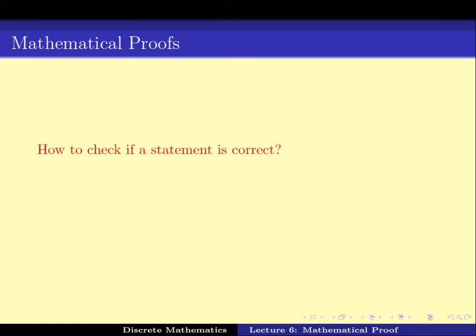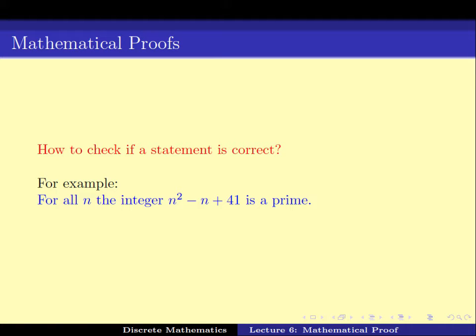Or in other words, if I give you a statement, how do you check if the statement is correct? Now you must have faced this problem many times in your school or college or even in life. Now there are two ways of going about proving this theorem or of proving a statement.